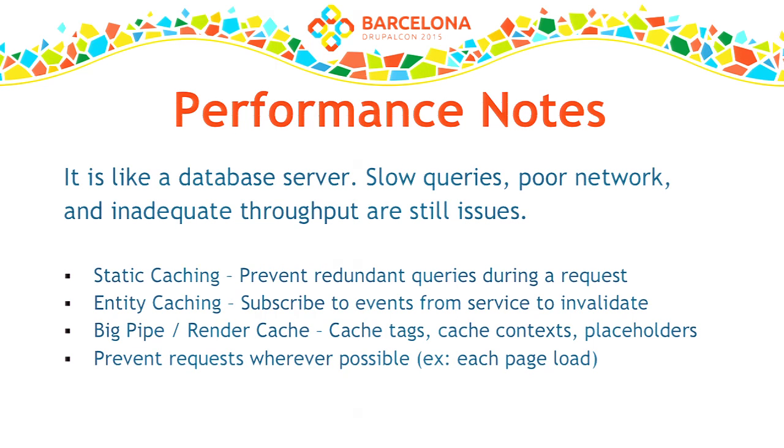So some thoughts I had on this: static caching is critical. You don't want to make the same request twice in one process, right? I mean, that would just kill you. Entity caching, like I mentioned earlier, is entirely possible. The only problem is, if you're the only client of an external service, then you may not have to worry about this so much.